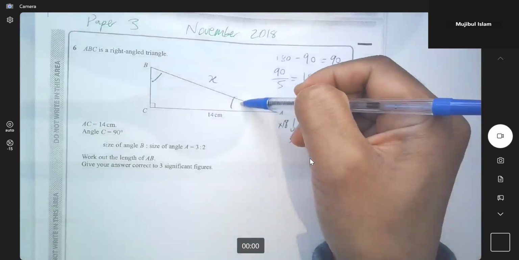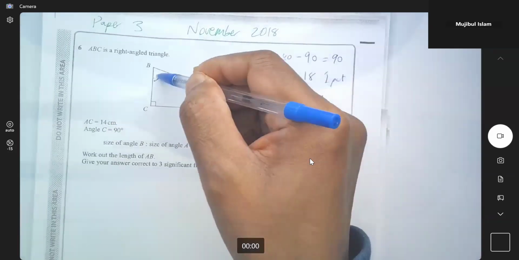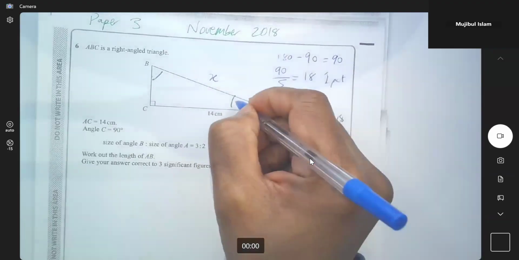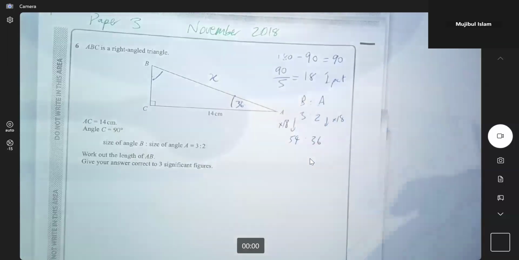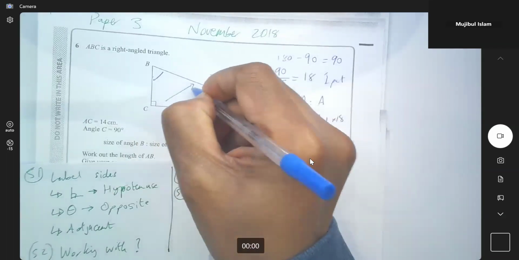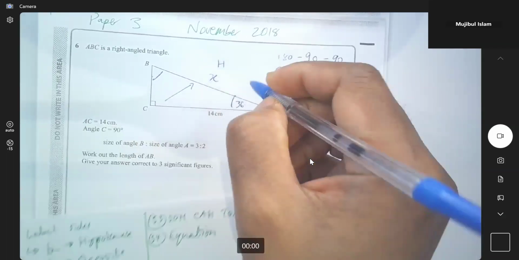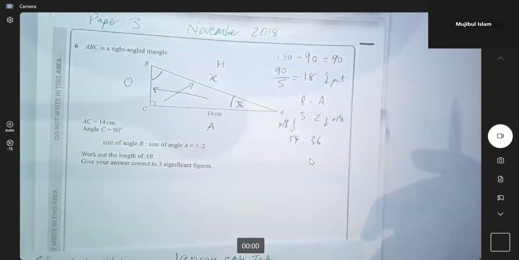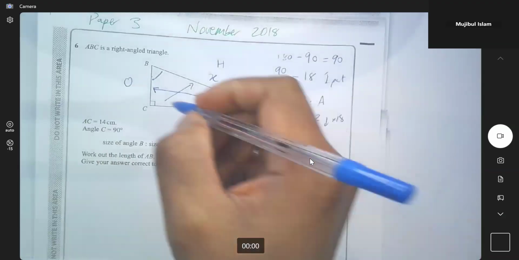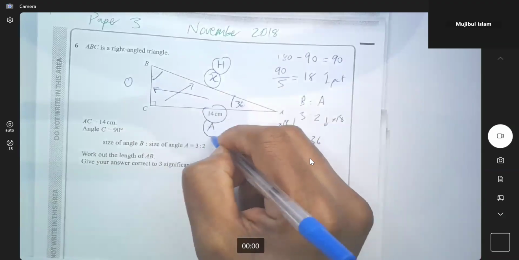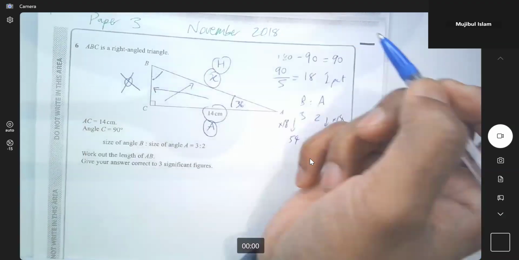So depends on which angle you put in now. If you use this angle, you're going to do one working out. If you use that angle, you do a different working out. So let's do A is 36. Let's use that. Now I follow my steps, step 1, step 2, and so on. So this is my hypotenuse, this is my opposite, and this is my adjacent. Now I can see I'm working with X, which is hypotenuse. I'm working with 14, which is adjacent, and I am not working with opposite.